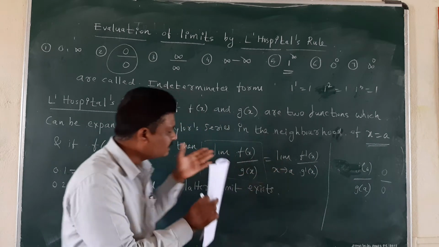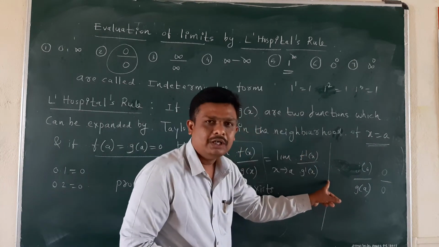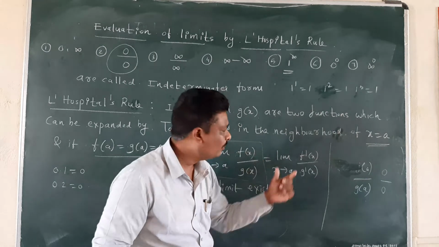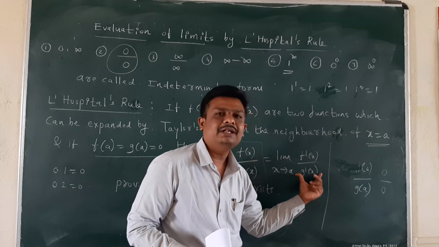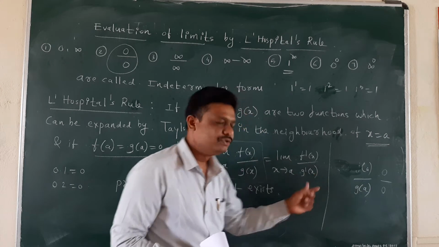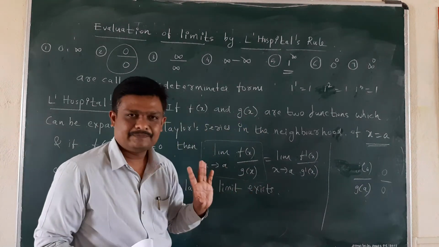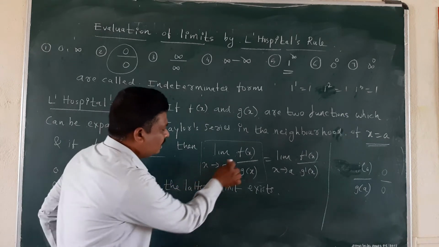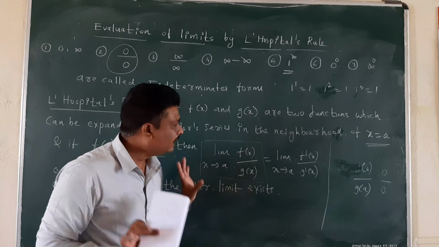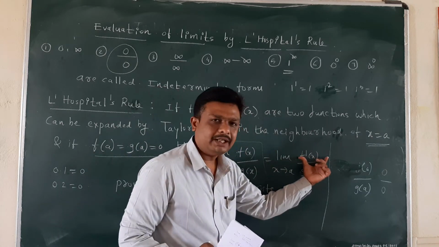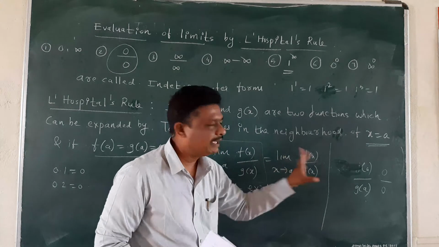If the case repeats, meaning we again get 0 by 0, then we go for one more derivative, again differentiating numerator and denominator separately. Here I have written, provided the latter limit exists. The rule is simple: if the given problem is in the form of 0 by 0, differentiate numerator and denominator separately, then apply the limit.